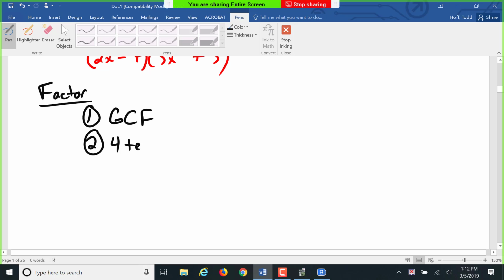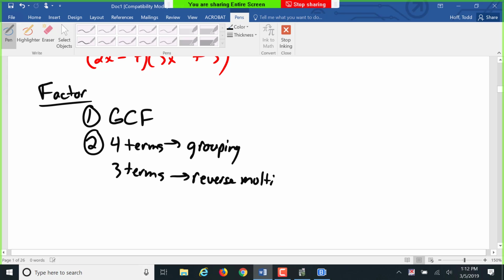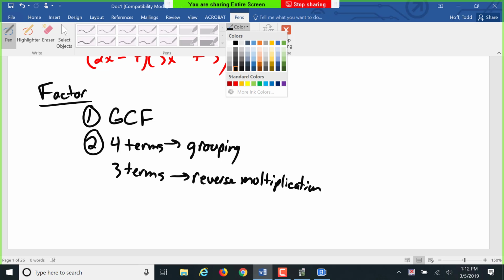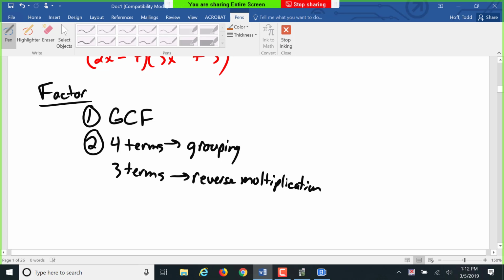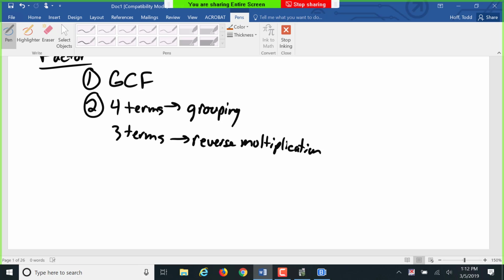If there are 4 terms, we try that grouping, like we just did. If there are 3 terms, we're going to try this next procedure, which is reverse multiplication, or sometimes called FOIL in reverse. So let's review FOIL for just a second.